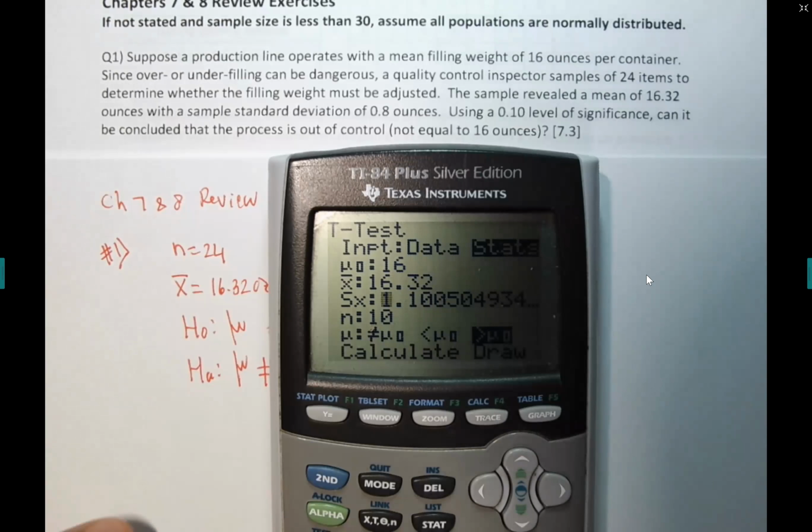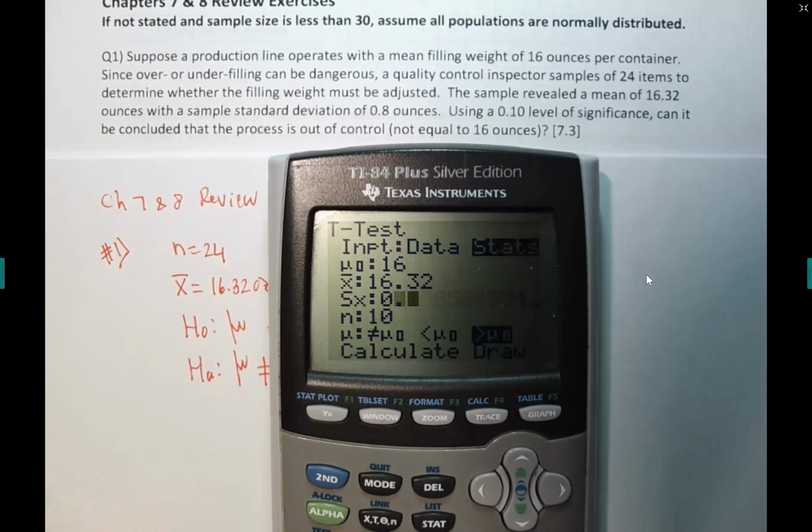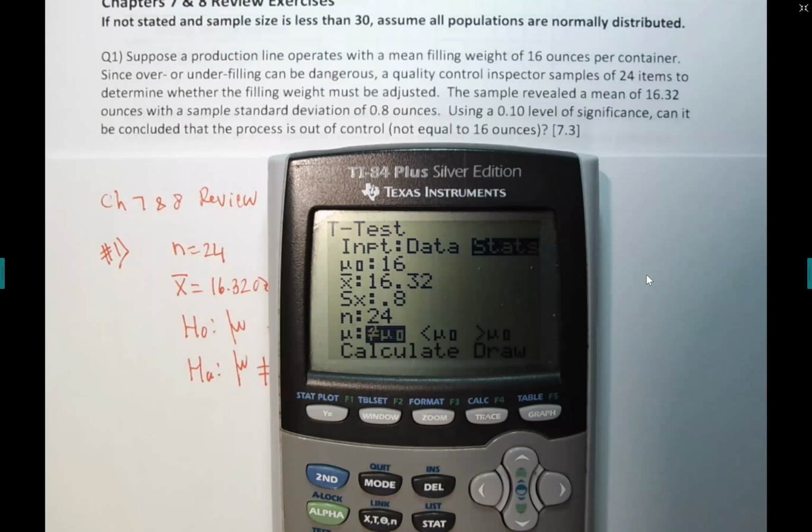S is 0.8. N is 24. And we're testing that the mean is not equal to 16. That's the alternative. Before you hit calculate, you look at the HA and you put the sign from there, no matter what the sign is.